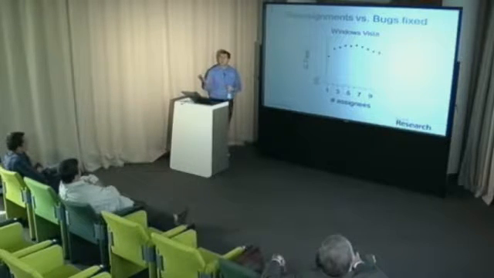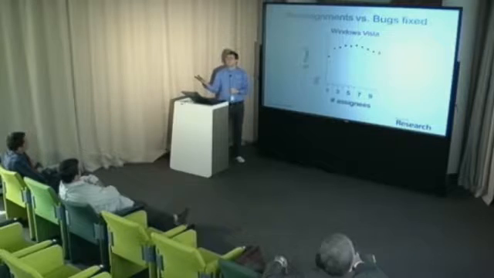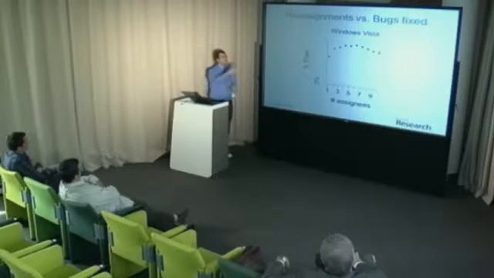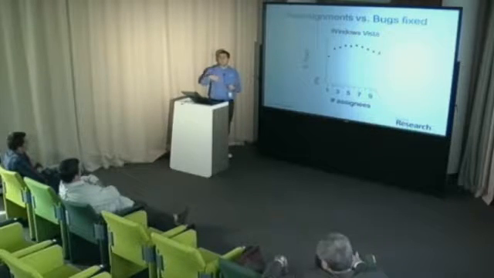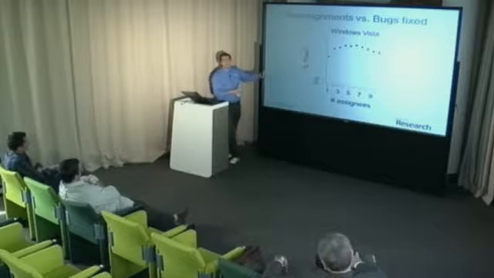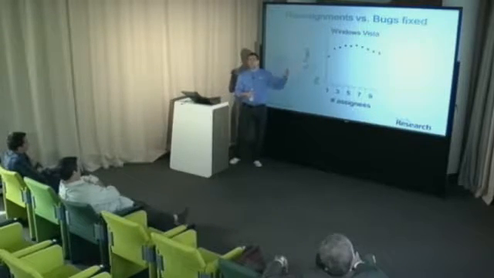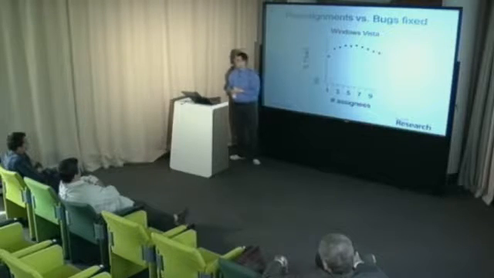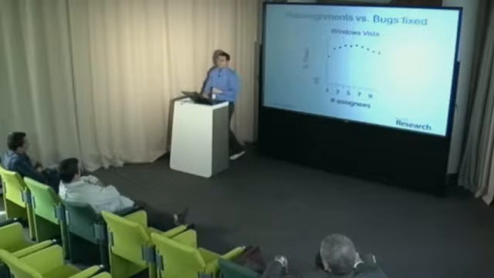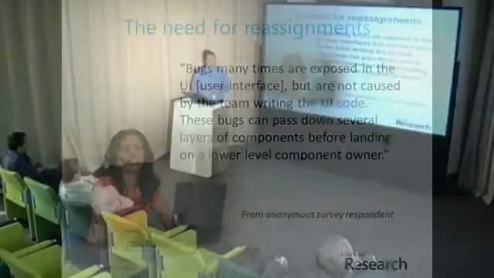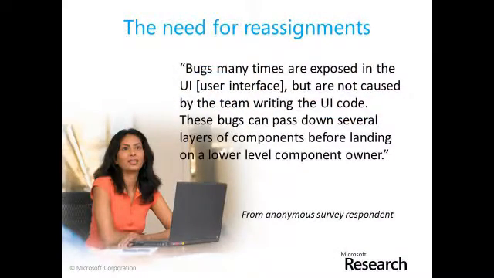One is that bug report reassignments are part of a process. At Microsoft, when you have a bug report, usually someone fixes it, then it gets tested, and then it might go back to the developer for additional work. So usually multiple people are involved for a successful bug fix. Another thing, and we have a quote here, is that often bugs are submitted to different components.